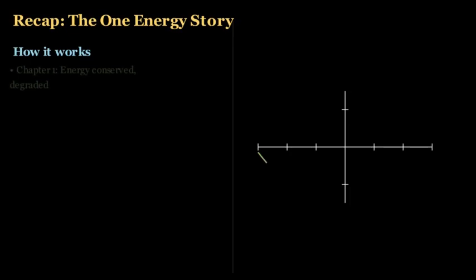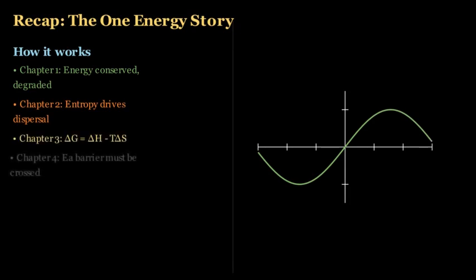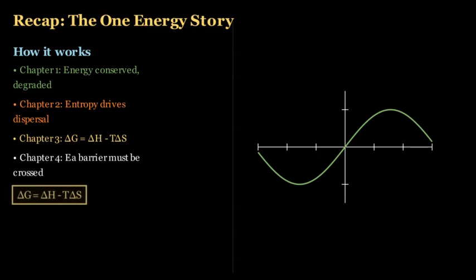Chapter 1, total energy is conserved, but it degrades from concentrated forms, like chemical bonds, into dispersed heat. Chapter 2, entropy measures the dispersal. Reactions tend toward states where energy and matter are more spread out and disordered. Chapter 3, Gibbs free energy combines these 2 forces.